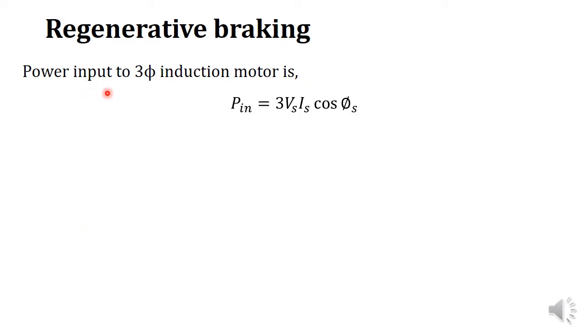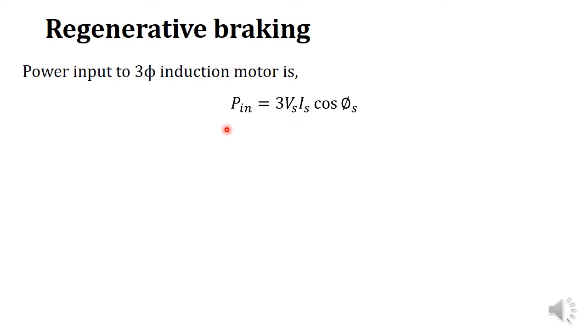The power input to a three-phase induction motor is given by Pin = 3 Vs Is cos phi s, where Vs is the stator input voltage, Is is the stator current and phi s is the phase angle between Vs and Is.